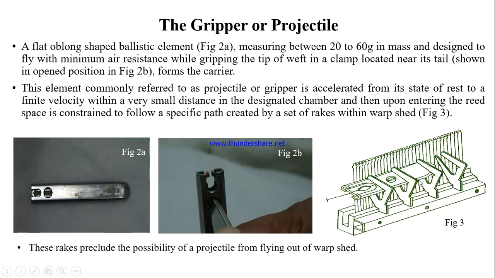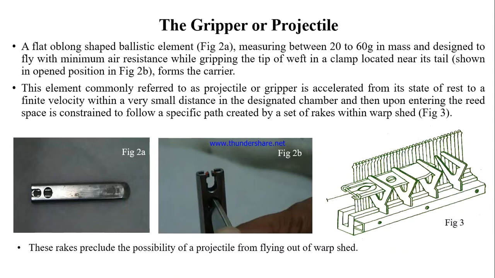The projectile guide is actually restricting the projectile from flying out. Otherwise, if the projectile flies out of the shed, okay, if that hits the weaver or the worker, they will die. There will be a serious accident, like when a bullet strikes our body. So this is a very serious accident.